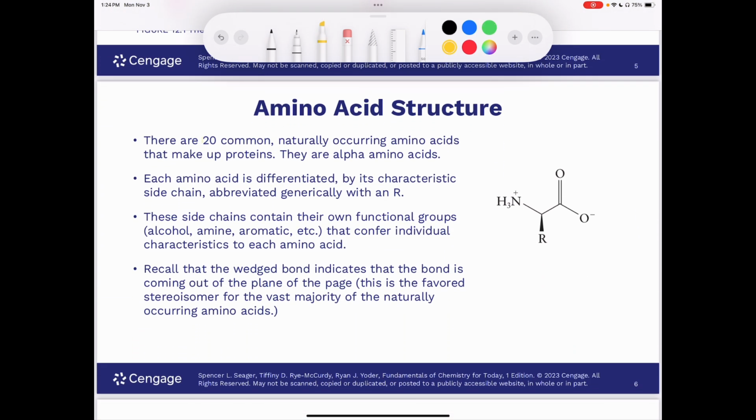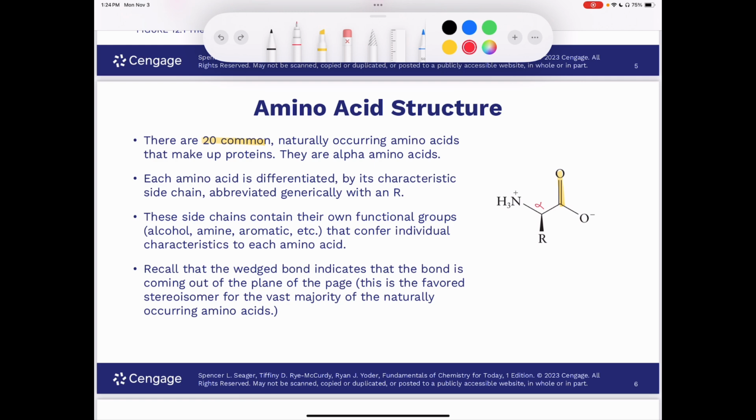Now, as I was saying, there are 20 common naturally occurring amino acids that make up proteins. They're alpha amino acids. So again, we have our carbonyl. The carbon next to that is our alpha carbon. And on the alpha carbon, we have our carboxylate, we have our amino group, and then we also have our R group.